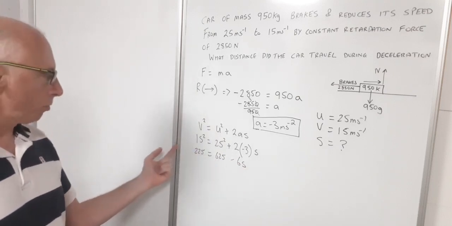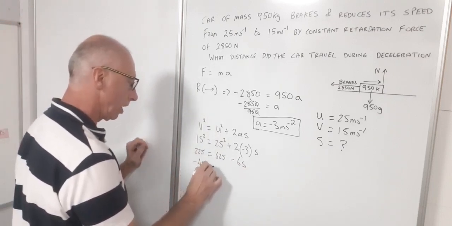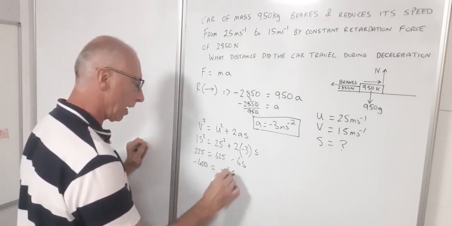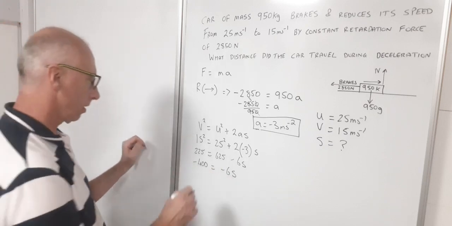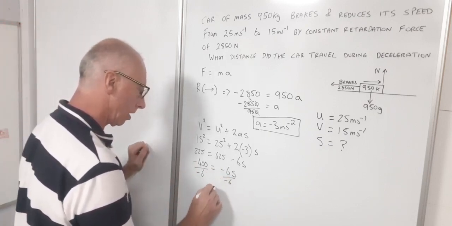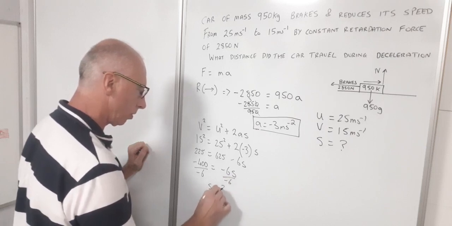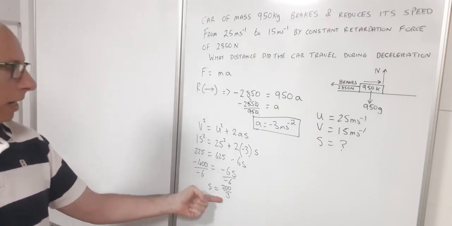Okay, let's subtract 625 from both sides. So we've got minus 400 equals minus 6s. So divide both sides by minus 6. We'll get s equals 200 over 3. Now that's our displacement.